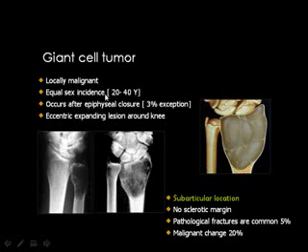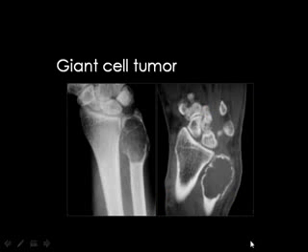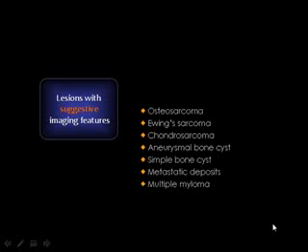It is a locally malignant tumor, may turn malignant in about 20% of the cases. In order to diagnose giant cell tumor, there should be a metaphyseal lesion which reaches the articular surface and occurs in the bone after epiphyseal closure.